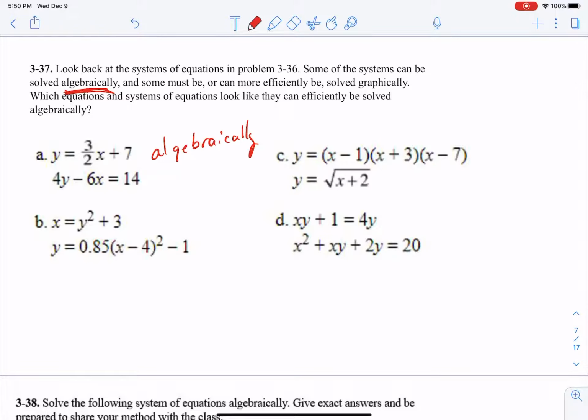Letter B is 2 quadratics. Those are not bad. I could probably work on solving those algebraically. C and D are definitely more complex equations. So they would definitely take a lot more time to solve algebraically. I would probably try these graphically using my calculator or using Desmos.